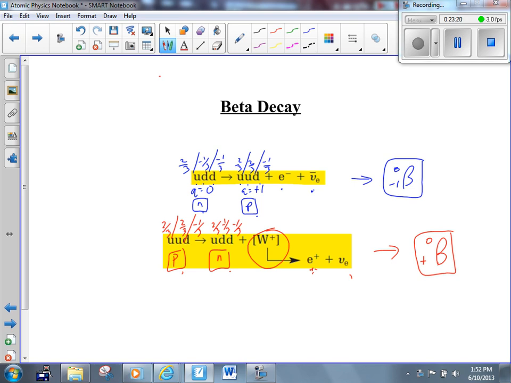Yep. Could be. Yeah, that's entirely possible. The question, if you didn't hear that from Rob, was on a diploma exam, could we get a question where we have to name the type of decay it is, based on the quarks? And the answer is absolutely, it's possible. Having said that, I haven't actually seen that all that often, but there is a quark question on your test tomorrow.